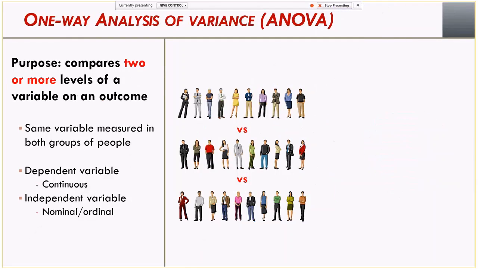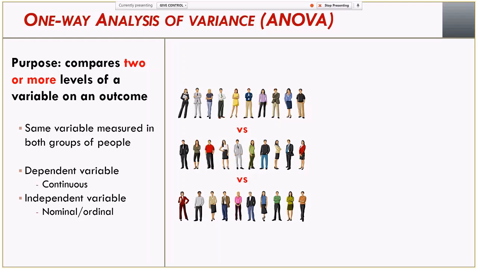So if we ramp this up a little bit, we're kind of building here, right? These designs are getting more and more complex. If we go one step up from the t-test, we have what's referred to as analysis of variance, specifically the one-way analysis of variance, also known as ANOVA.